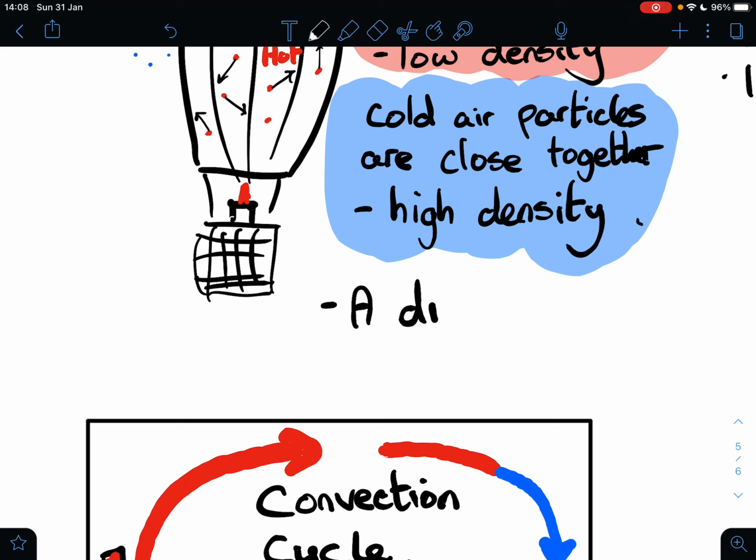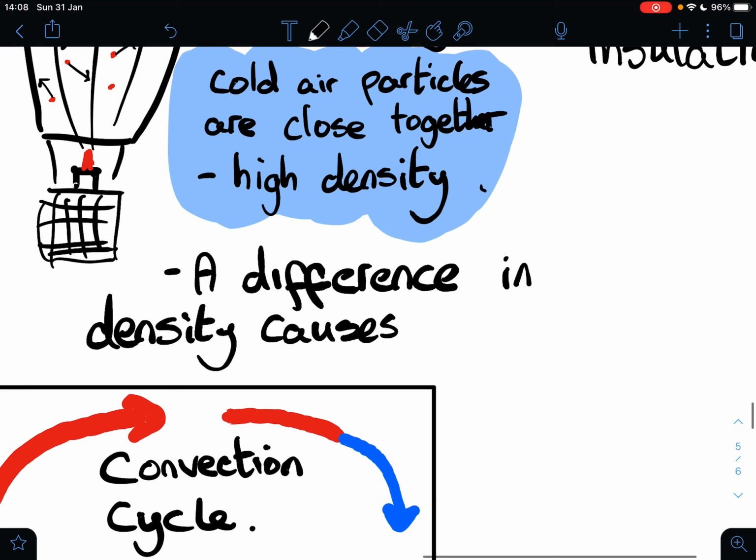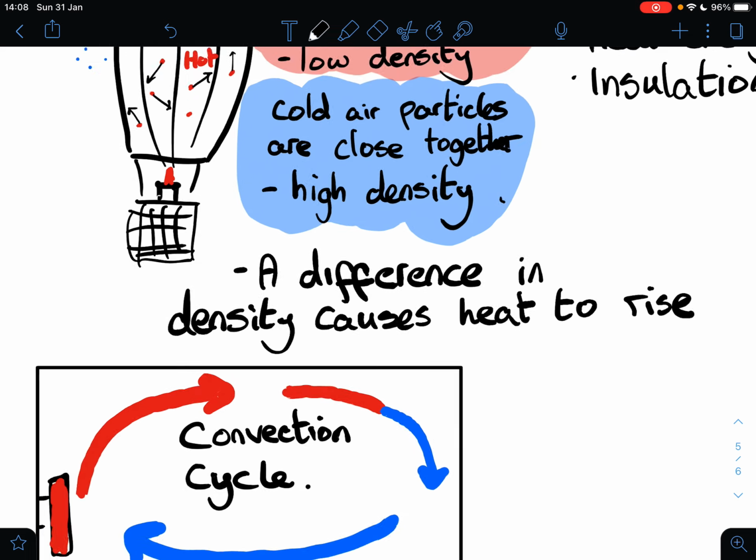A difference in density causes heat to rise. If it happens to be around the balloon, then the balloon goes with it.